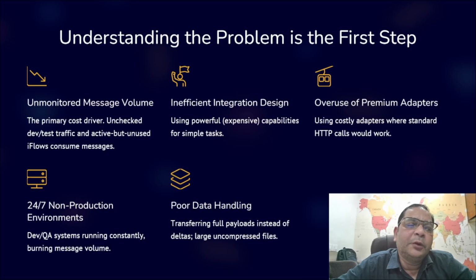First is unmonitored message volume, the primary cost driver. You have unchecked dev test traffic, and active but unused iFlows consume messages. So there are some iFlows and some messages which are actually not used, but still you are paying for that because your transactions are happening continuously.